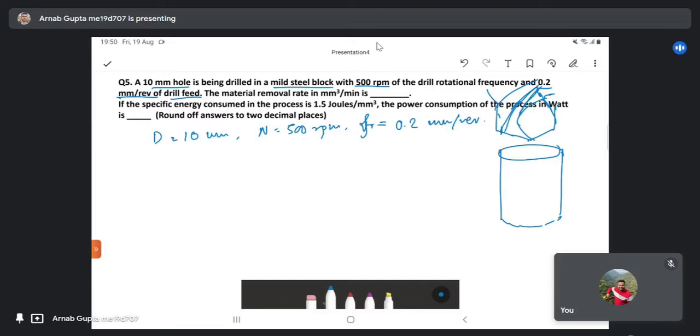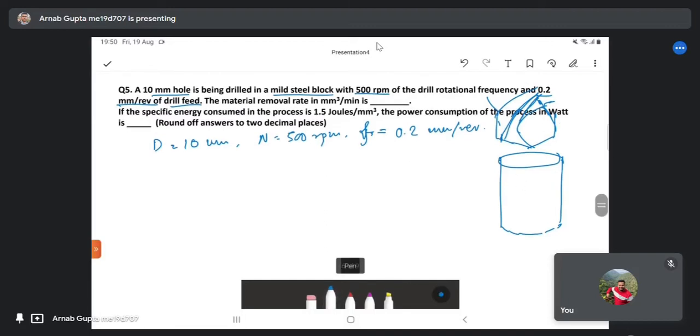It is rotating at 500 rpm, and it is coming down at 0.2 millimeter per revolution.